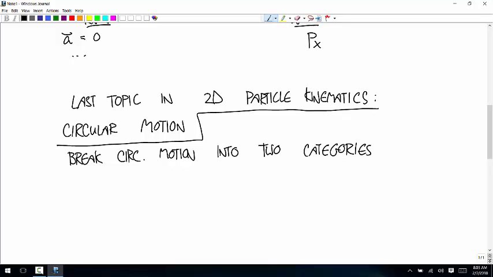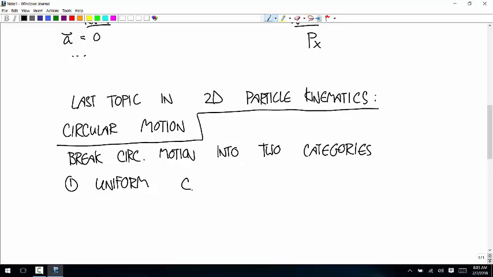So the two categories are uniform circular motion. That's circular motion while you're wearing a uniform, like if you're a policeman on like a playground carousel or something. That's not really what it means. That was a joke.